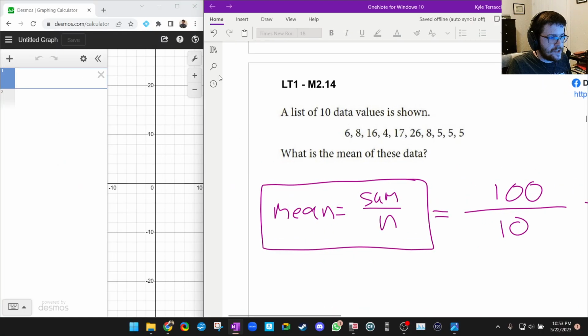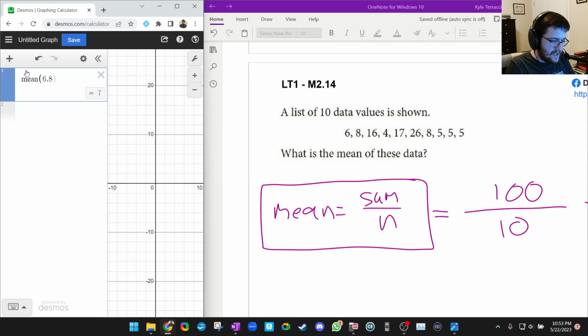Now, I made a video on this too, mean and median functions. So if you put mean and then just put a parenthesis, you can type in the list, with commas in between them, just like it is there, and it tells me 10.